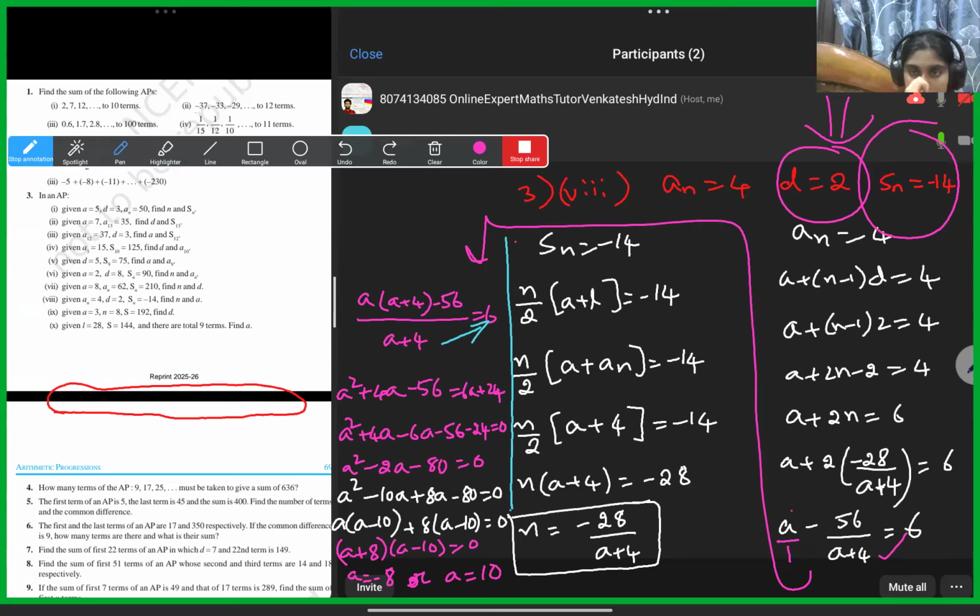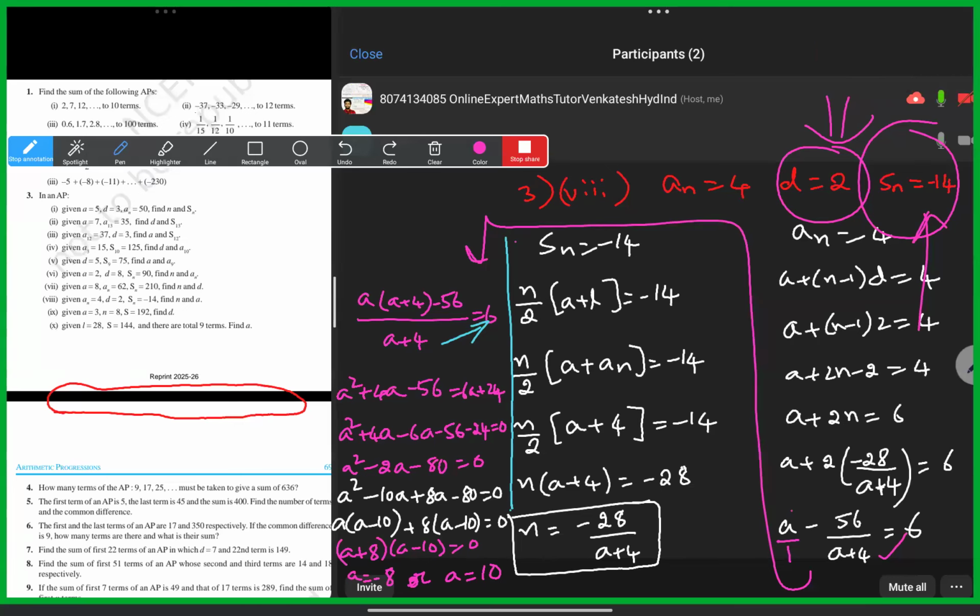Yes, sir. Then can the sum be negative, Hasni, if the series is positive, 10, 12, 14, 16, 18, 20, 22, like that? No, sir. So it is not possible if a is 10, because if the first term is 10 and d is positive, the terms will increase. Because of that reason, the sum cannot be negative.